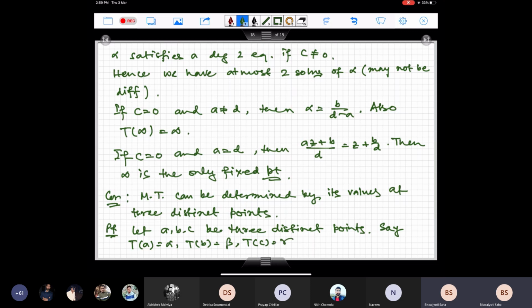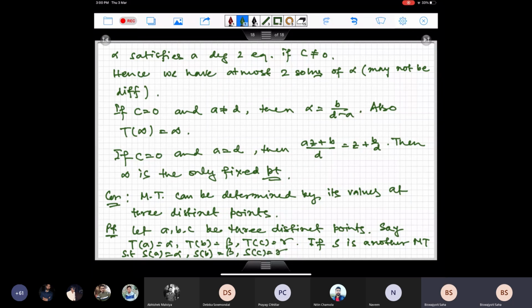So suppose I have this, and if S is another Mobius transformation such that S of A is equal to alpha, S of B is equal to beta, S of C is equal to gamma.